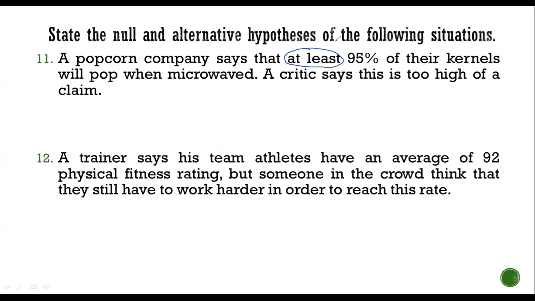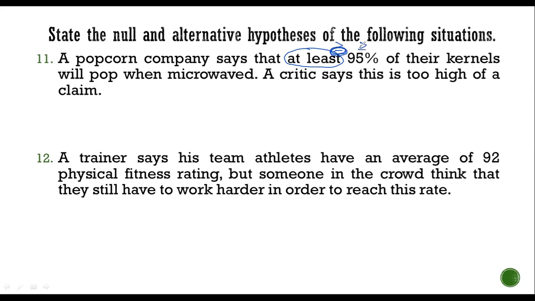Kapag i-transform natin yan to mathematical symbol, when we say at least, greater or equal to. Diba? At least 95. 95% and above ang meaning ng at least. So dito, we can still use 95% as our parameter value kasi merong equal sign.